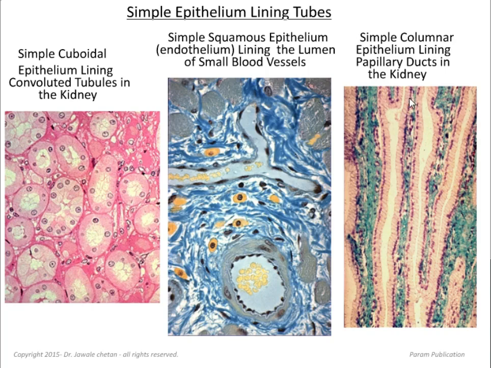Now here you can see a specific columnar arrangement of cells. They indicate absorptive nature. All these tubules are internally lined by column shaped single layer epithelial tissue, so called simple columnar epithelial tissue.